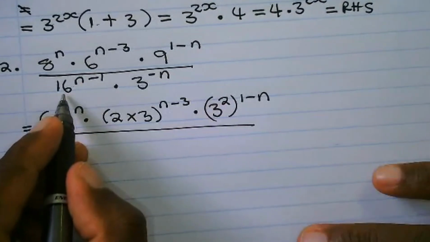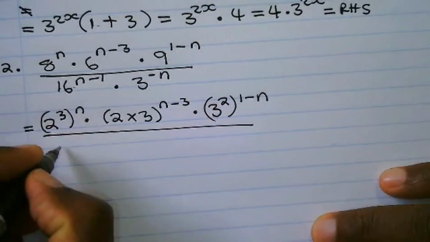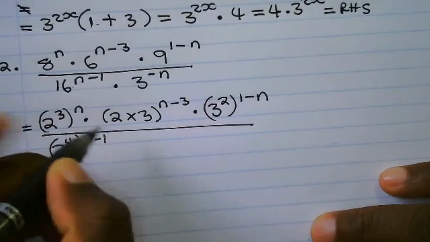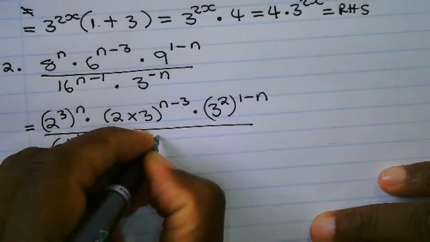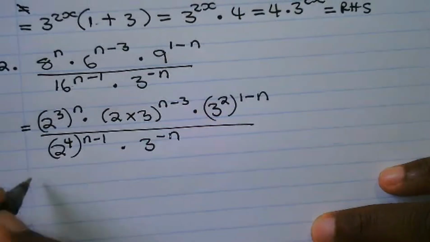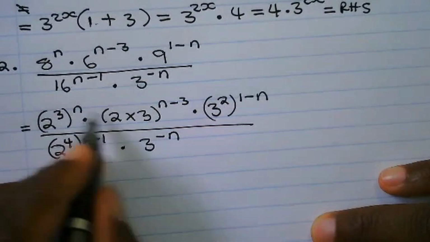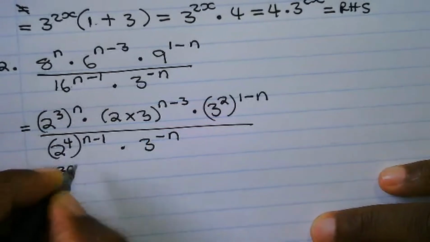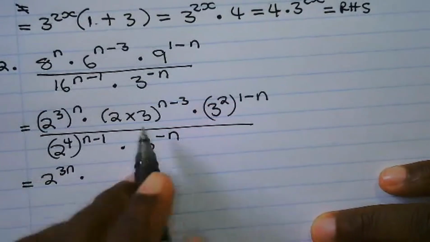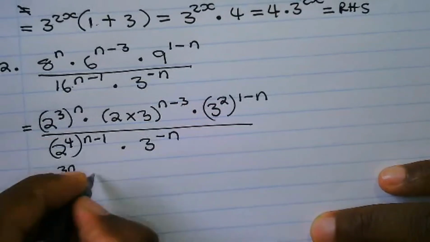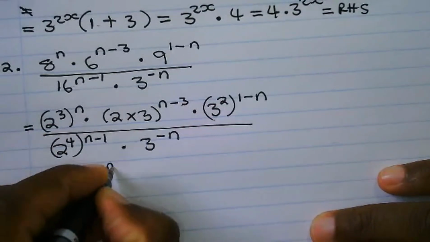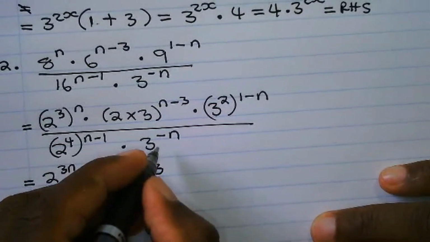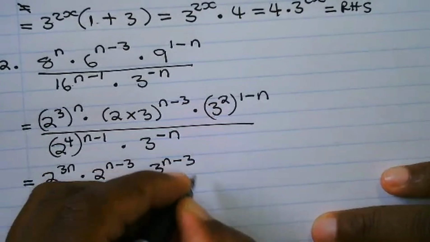This is 2 raised to 4 with an n minus 1 there, and this is 3 to the negative n, and then this is going to be equal to 2 to the 3n multiplied by, separate here, 2 to the n minus 3, and then 3 to the n minus 3.